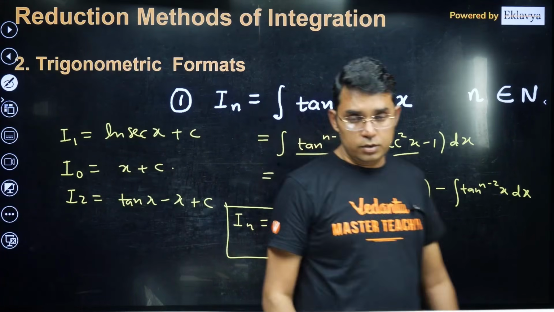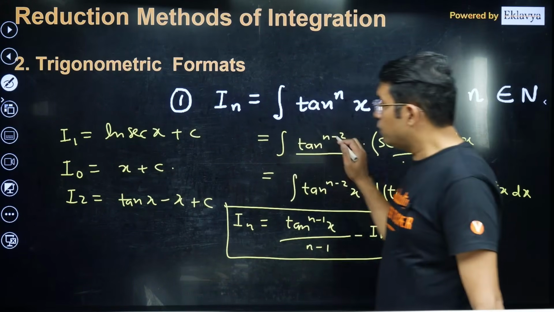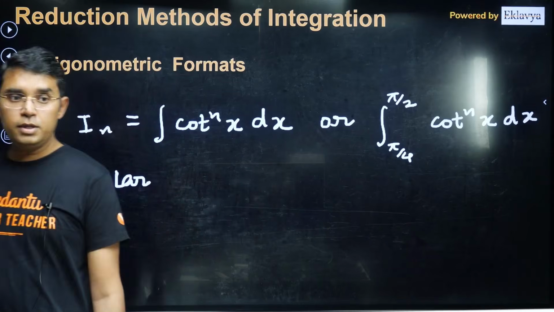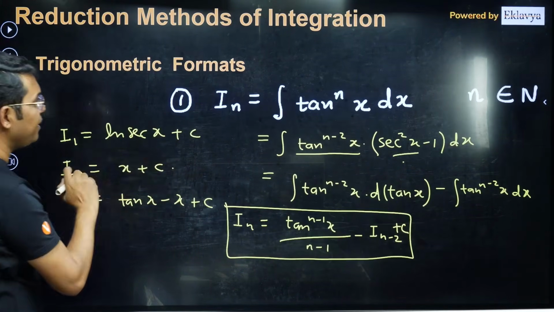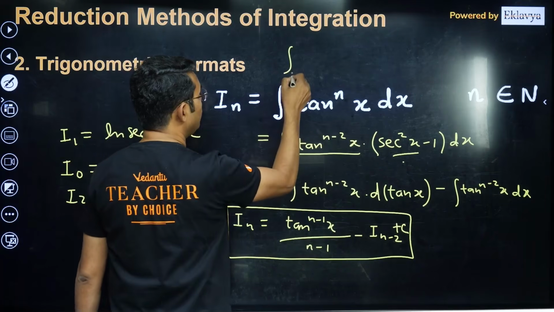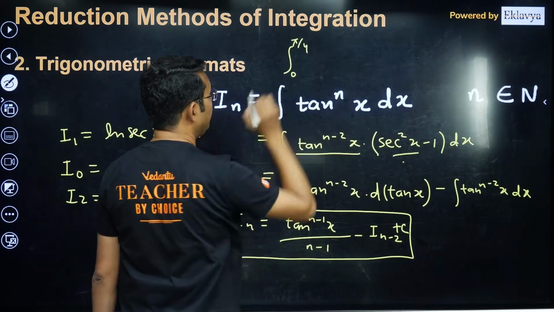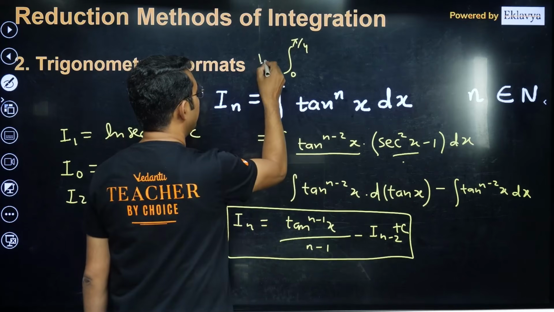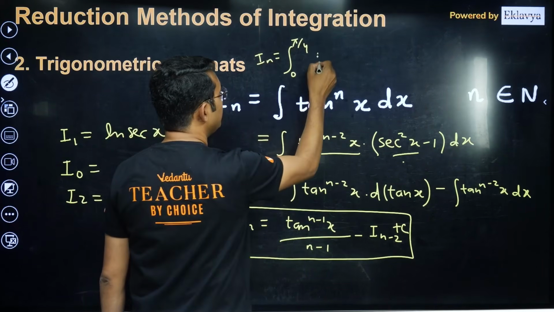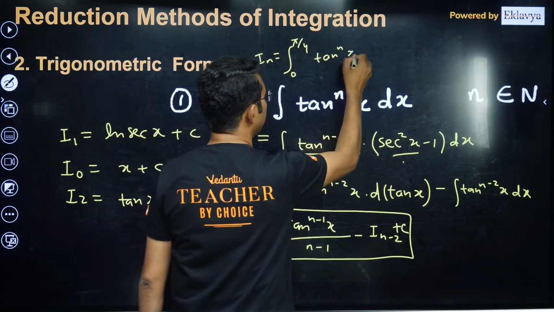Okay, so I hope you have understood the idea. Now there is one more thing to this question only, that if you are given this integral with limit 0 to pi by 4. If I make this question of definite integration where limits are given like this, and suppose this is In is equal to integral of tan nx dx.